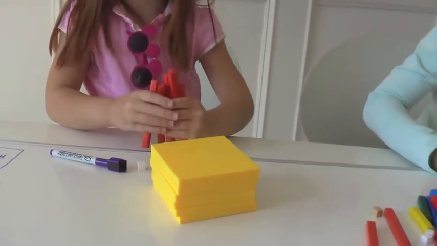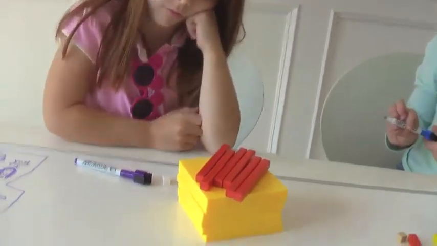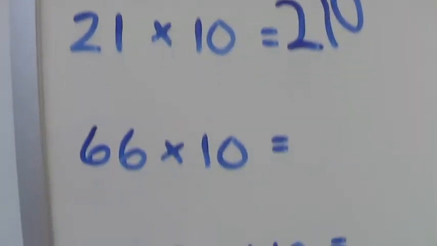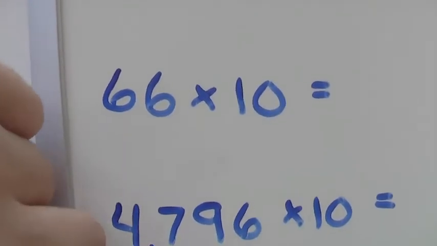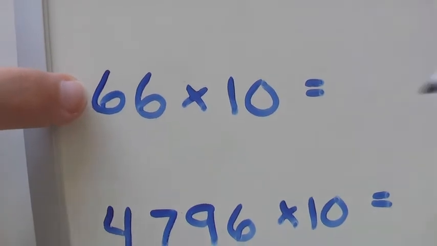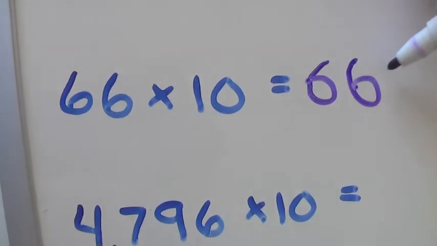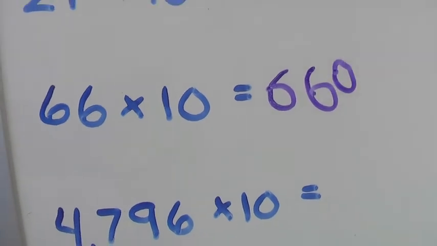Yeah, this is 6 times 10. Okay. So she broke 66 into 60 and 6. And then she did 60 times 10 and 6 times 10. And the answer is 660.